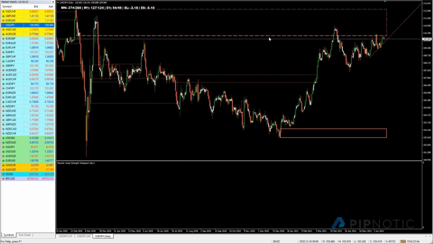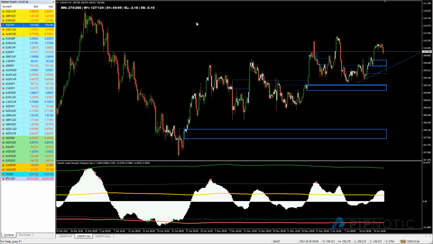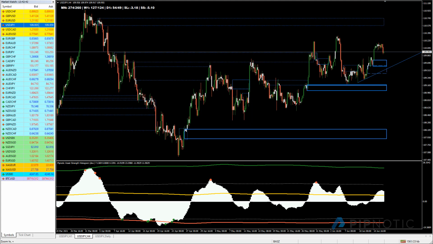Currently we are reacting at this area of supply, which has been tested here. So you wouldn't want to sell for a price any cheaper than where this slingshot was pulled back to, which is up here. And that brings us to, looks like a 4-hour area if we were going to take a short.